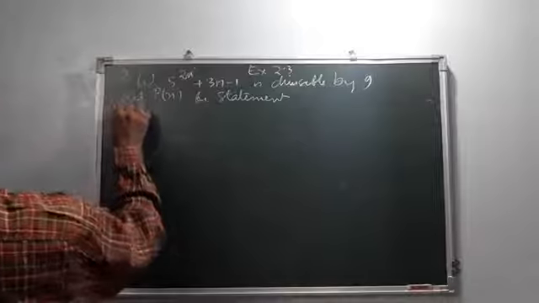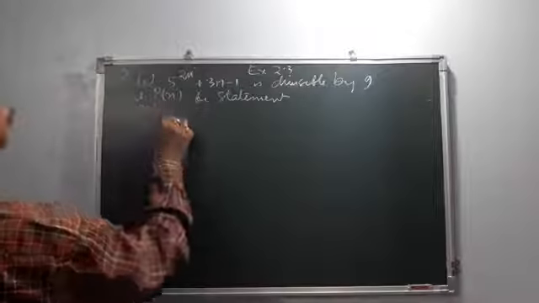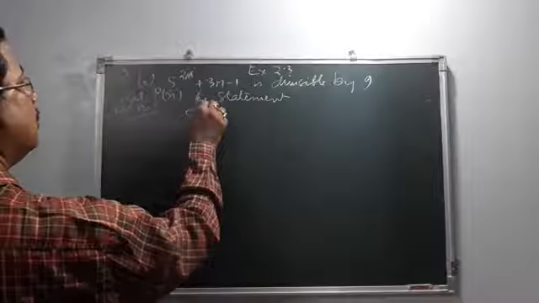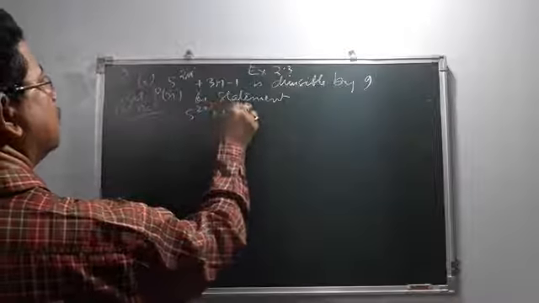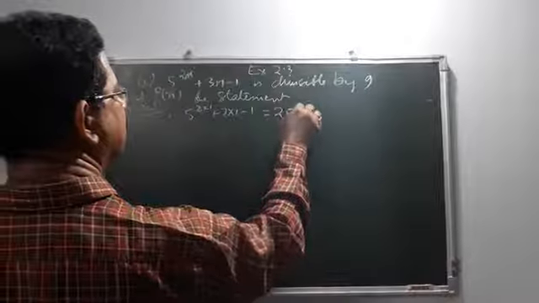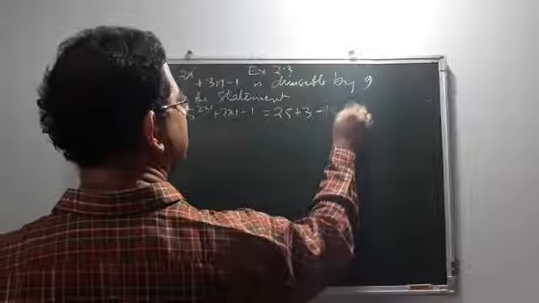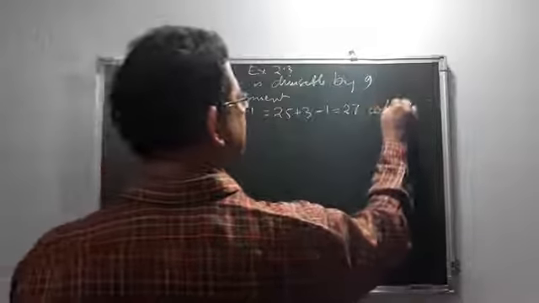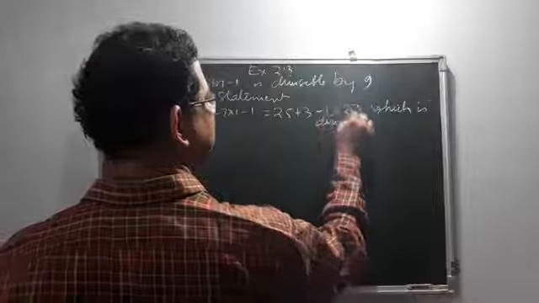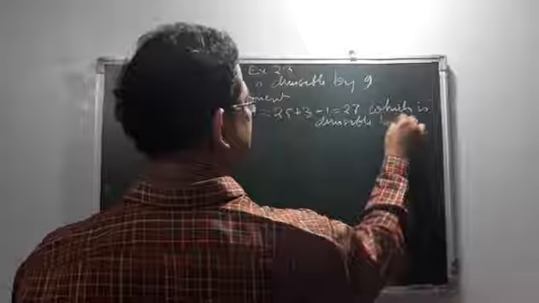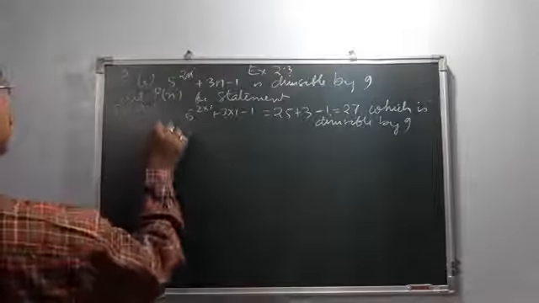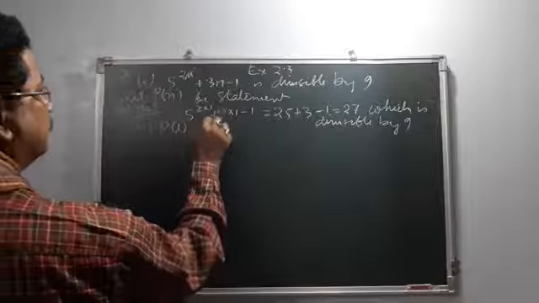For n is equal to 1, if we put n is equal to 1, this term will be 5 to the power 2 into 1 plus 3 to the power 1 minus 1. 5 square, that is 25, plus 3 minus 1, that is 27, which is definitely divisible by 9. Therefore P(1) is true.